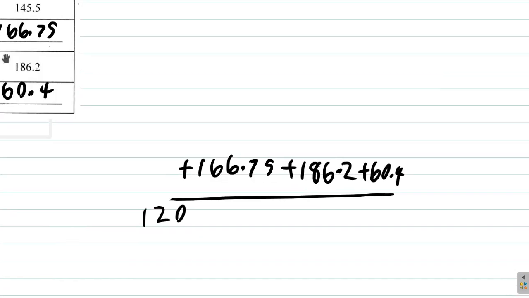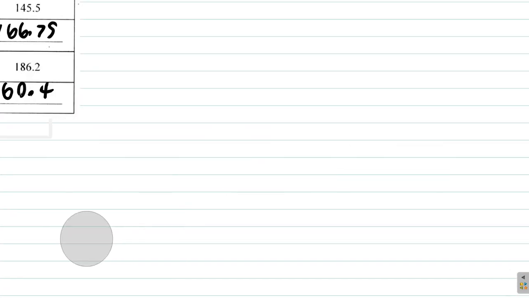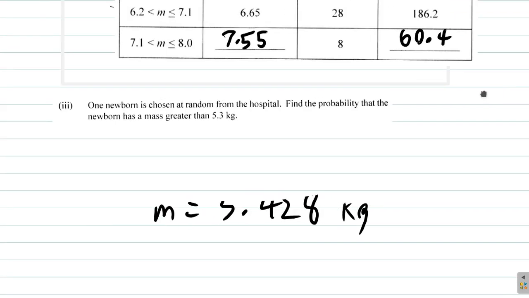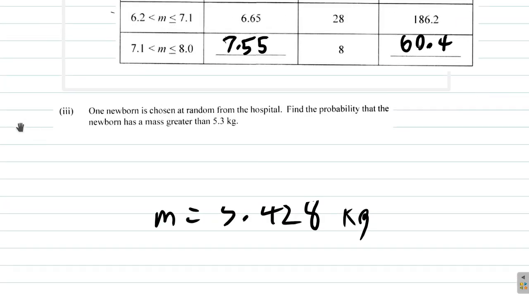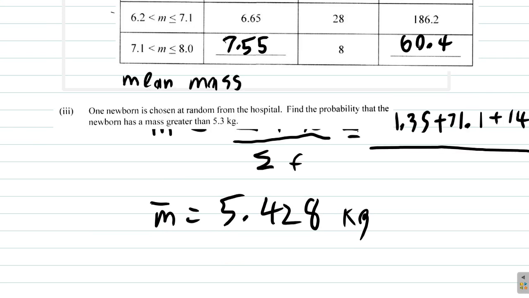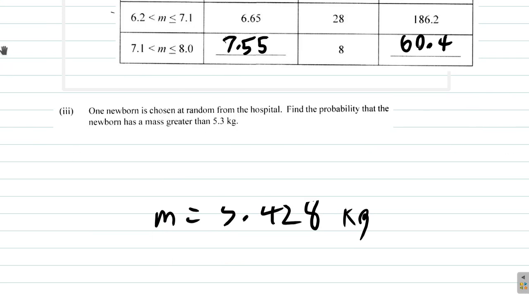Let me just erase these things that I have here. This was 5.428. So let me write it up here. Mean mass equals 5.428 kilograms.